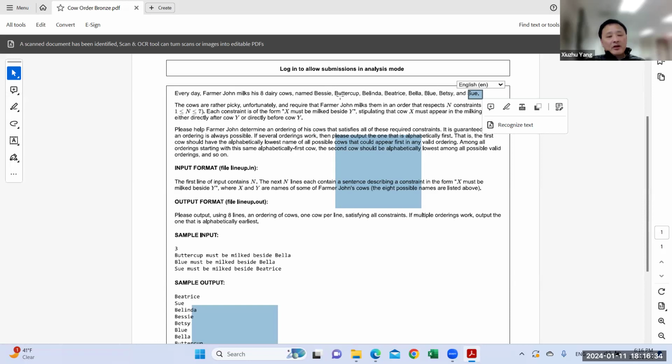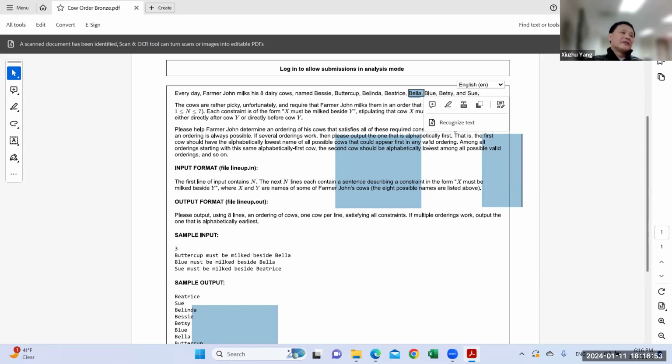Then we may not allow Buttercup to go first. The reason maybe is that Bella here should go first, because Bella is lower than Buttercup, right? So then we need to check that.